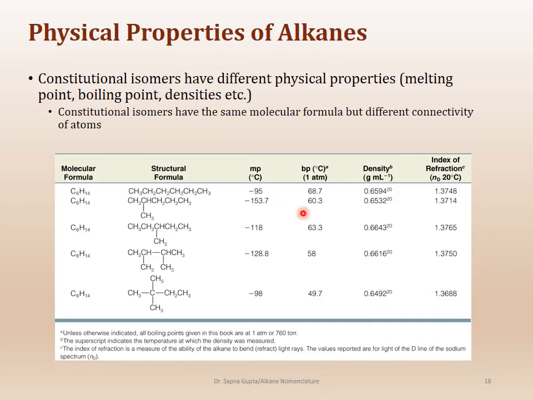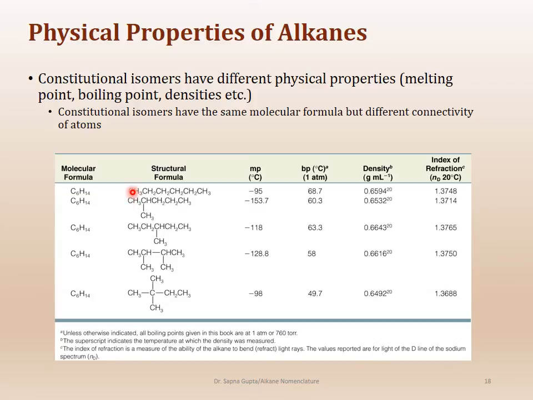So constitutional isomers, here is the list of branching versus non-branching compounds. Constitutional isomers of C6H14, which means 6 carbons. It could be hexane, it could be pentane, depending on the branches that you have.